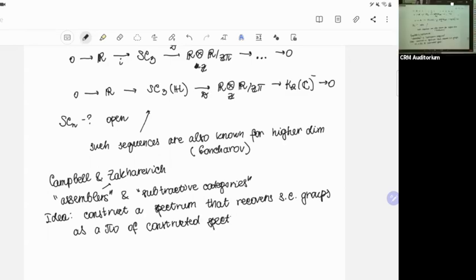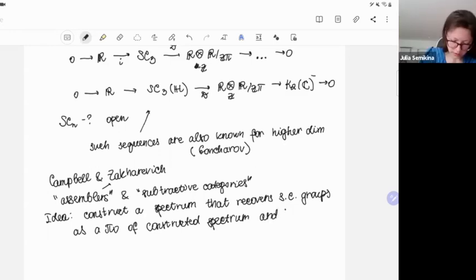And hope that it contains some interesting information in higher homotopy groups, which is the case.